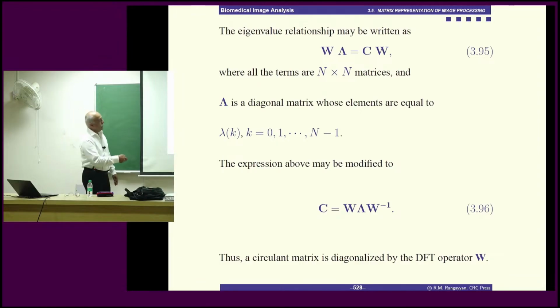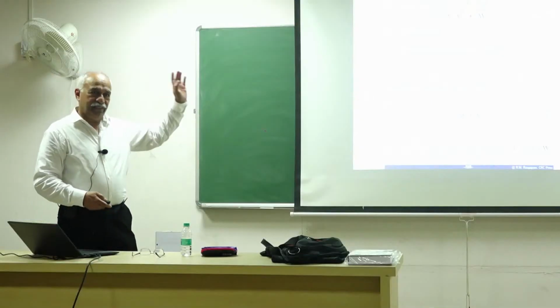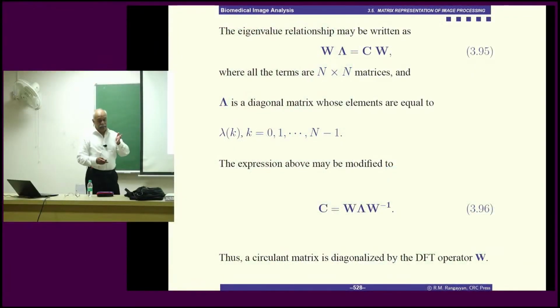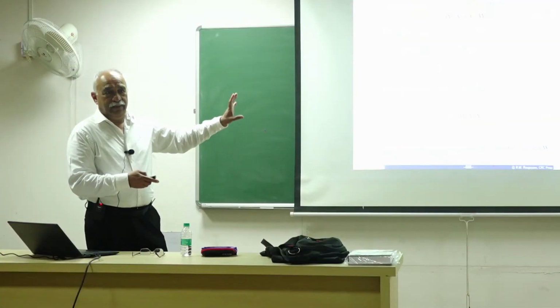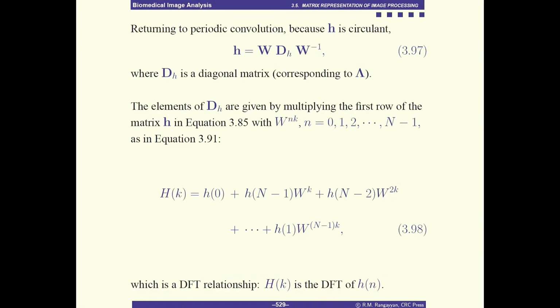Or from the diagonal matrix, by the application of the forward and inverse transforms, you can recover the circulant matrix. So a diagonal matrix represents the circulant matrix. And the values along the diagonal are the eigenvalues of that matrix. So you're extracting a compact representation.